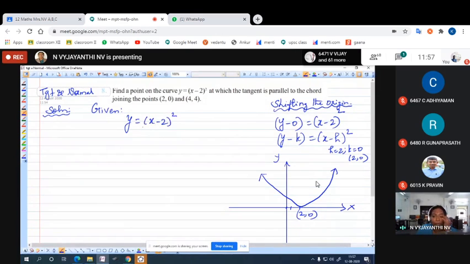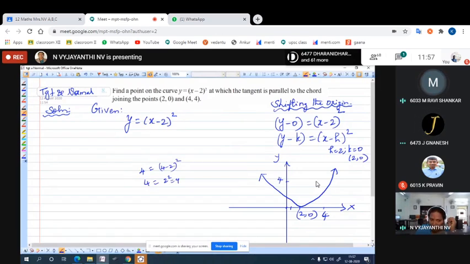So the tangent is parallel to the chord joining the points (2, 0) and (4, 4). Where will (4, 4) be? Does (4, 4) lie on the parabola?